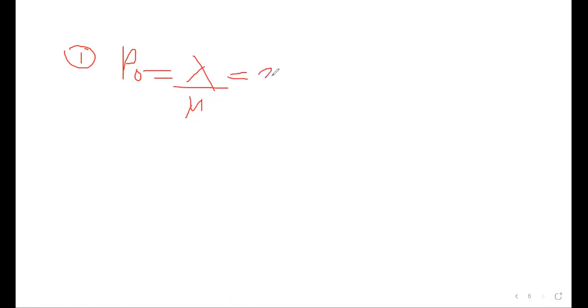So it will be 20 over 30. That is the answer for number 1, the probability of queuing. Not queuing simply means idle, so it is just the opposite.